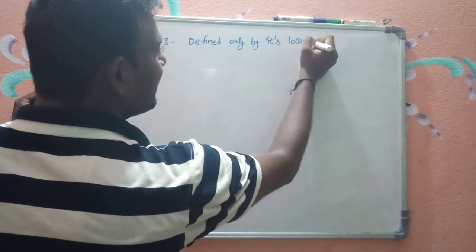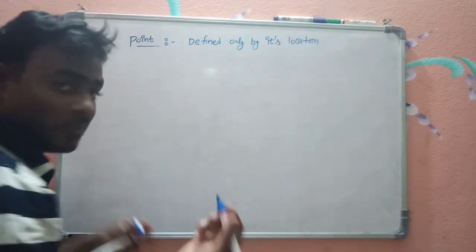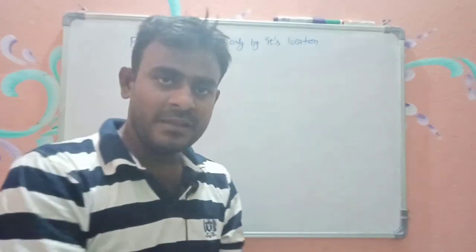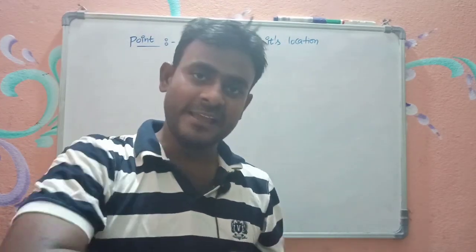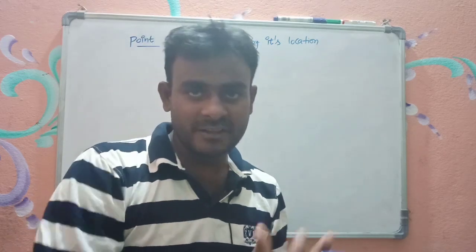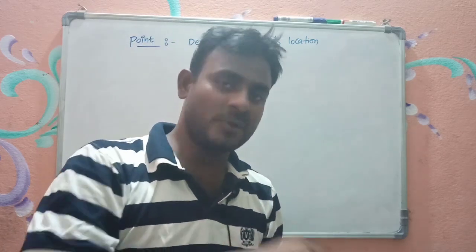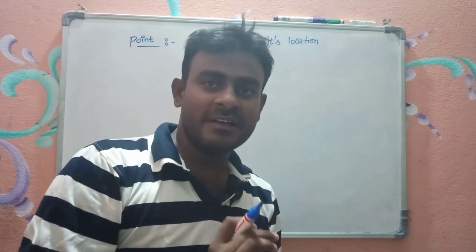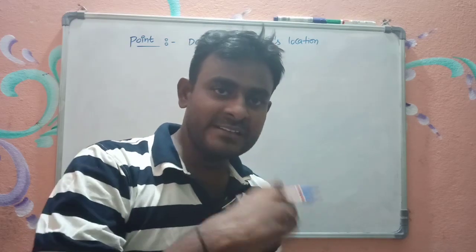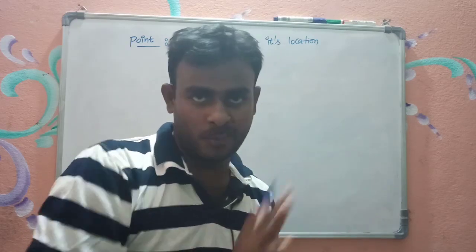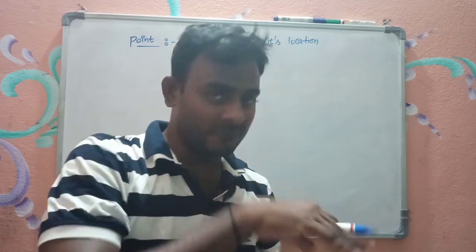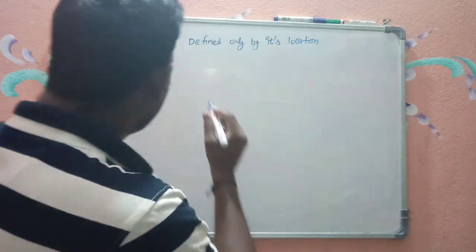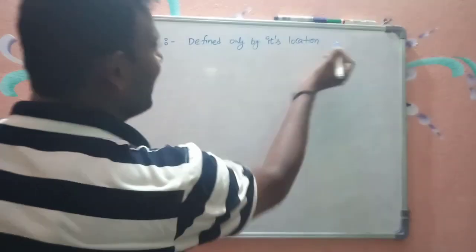A point in a space has some coordinates, whether it may be a two-dimensional system with xy coordinates, or a three-dimensional system with xyz coordinates. Whatever it may be, the point has some coordinates. These coordinates give us the position or the location of that point. So a point can be defined only by its location.